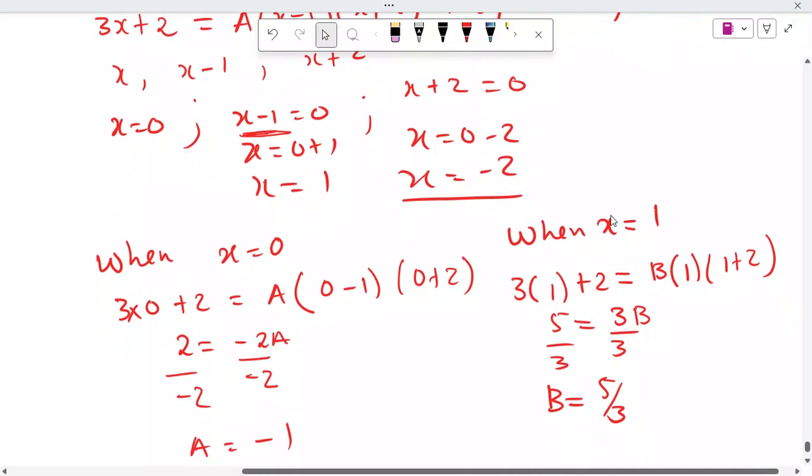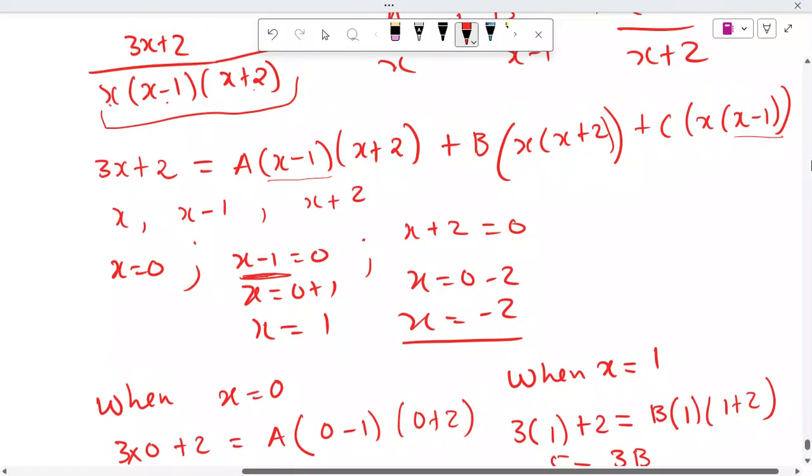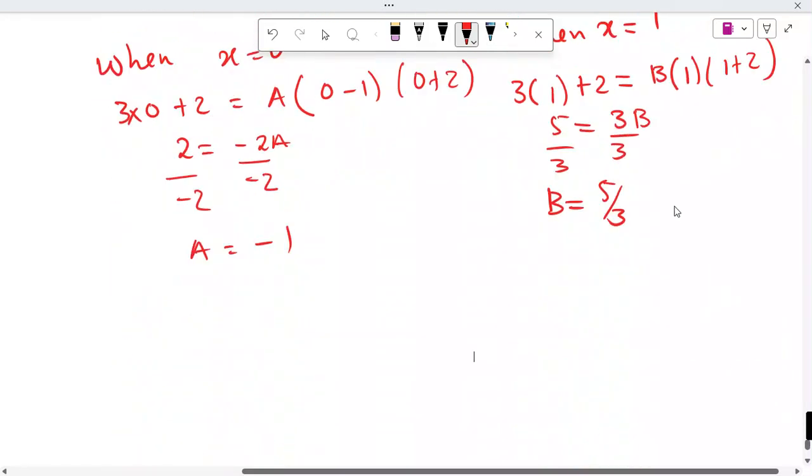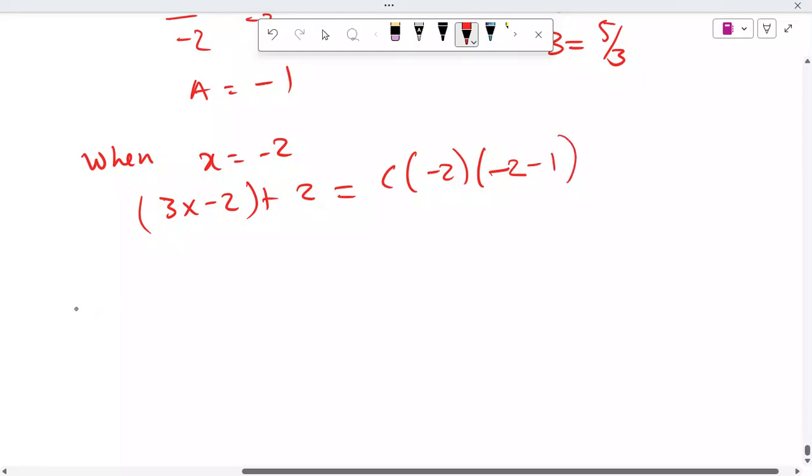So C, we want to remain with the C. So C, x is negative 2. Then here is x minus 1. So negative 2 minus 1, negative 2 minus 1. So this is negative 6 plus 2 equal to C, negative 2 minus 1, this is negative 3.